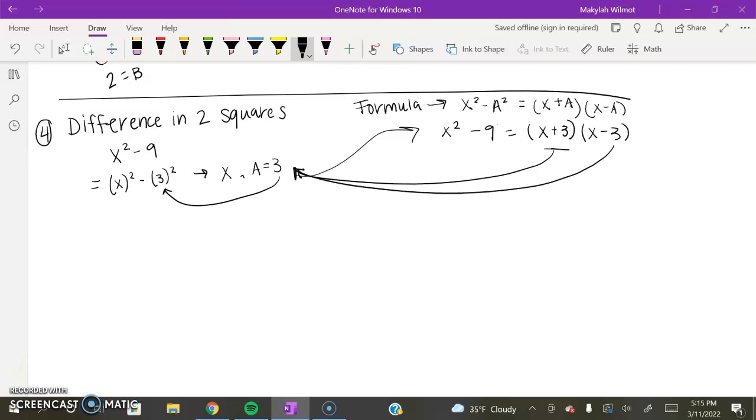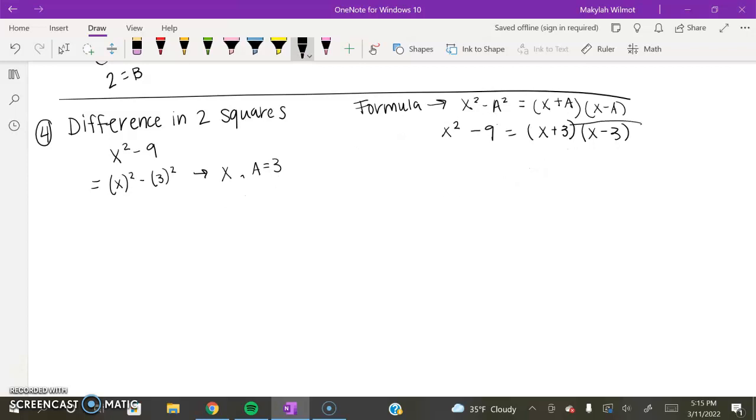That's your simplified version. Okay, it's that simple. This right here is your answer.